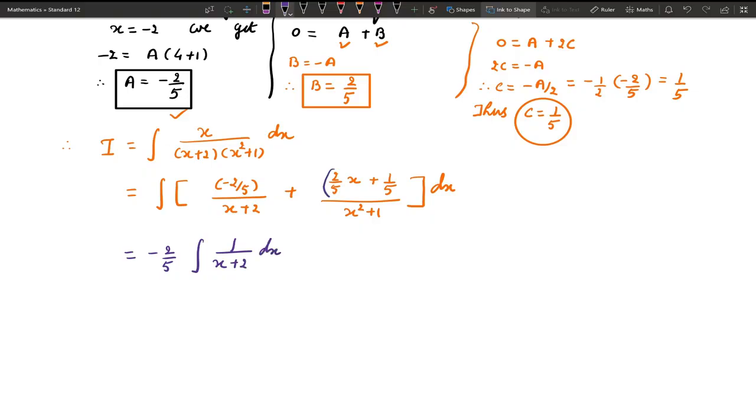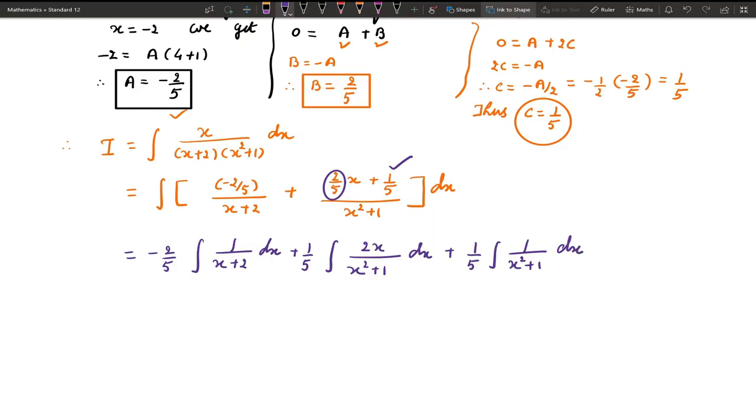Here, from 2 by 5 we take 1 by 5 common, so 2x upon x square plus 1 dx, plus 1 by 5, which is constant, times 1 upon x square plus 1 dx.